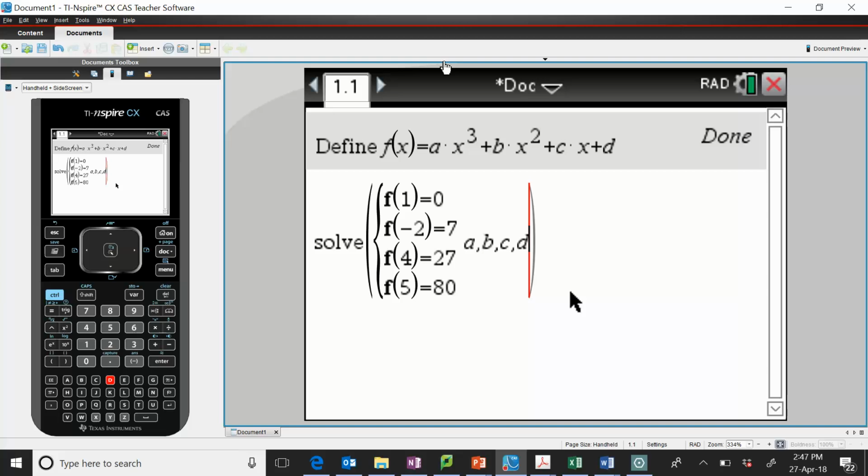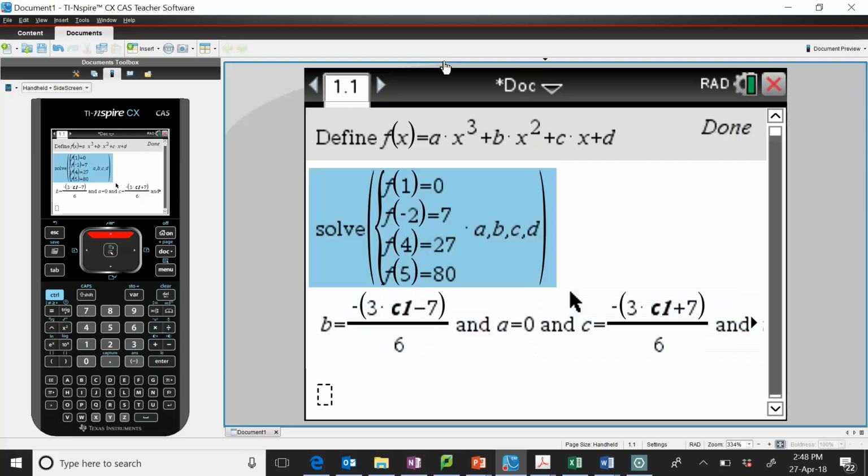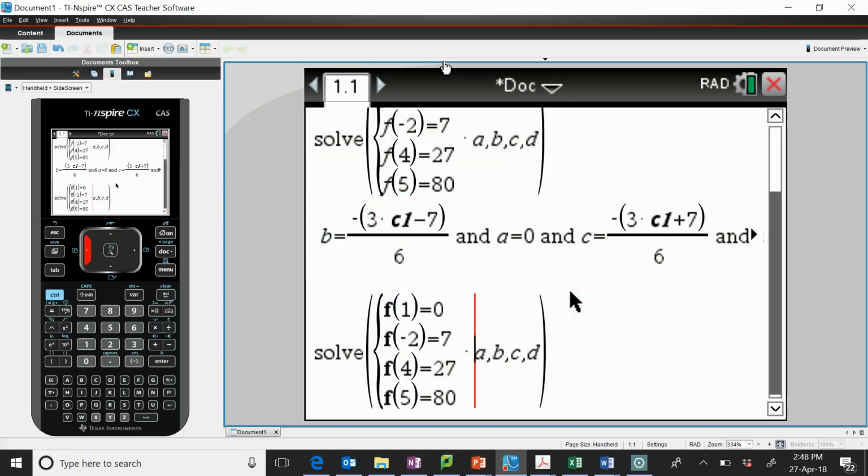Okay, sorry? You got a syntax error? What am I missing? That doesn't make sense. Why did that happen? Is that a dot? Sorry, I don't know why I had a dot there.